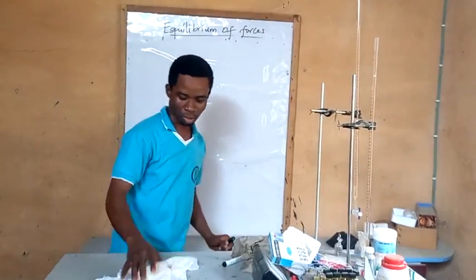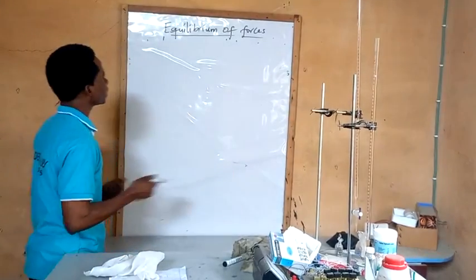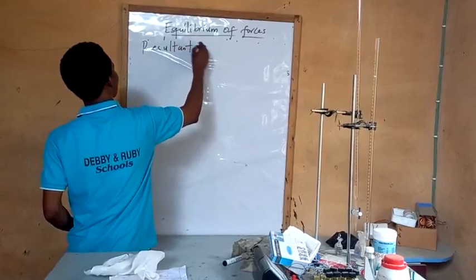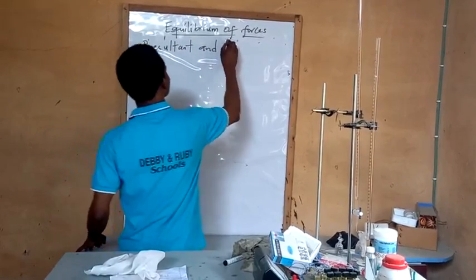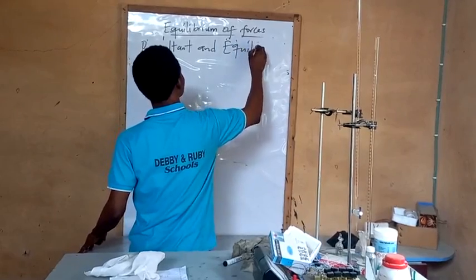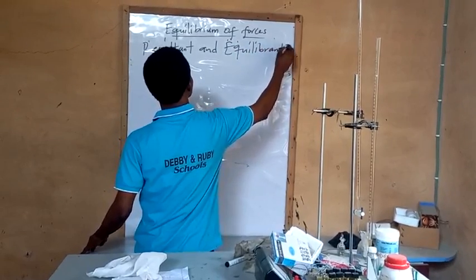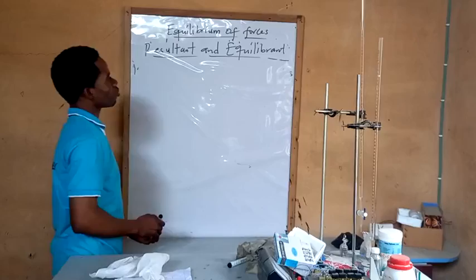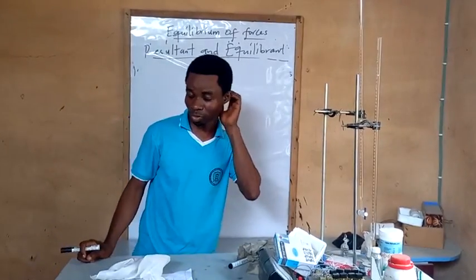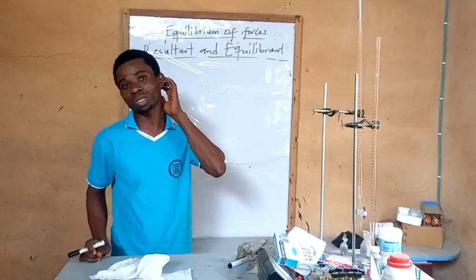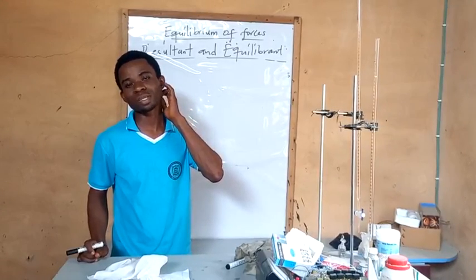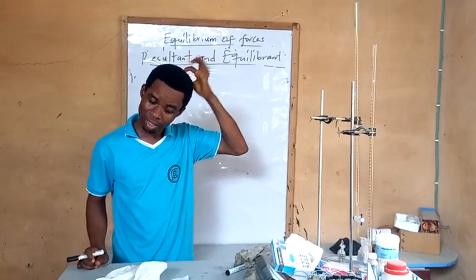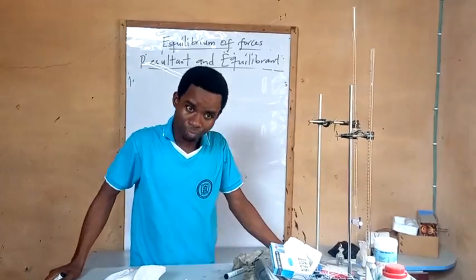So, what are the things to learn after that? We're going to talk about the resultant and equilibrants. When I say resultant and equilibrant, what is a resultant? You know, in vectors, we have learned scalar and vector.